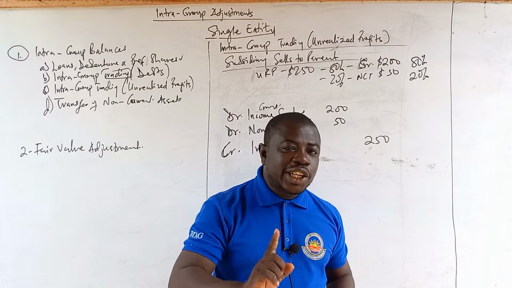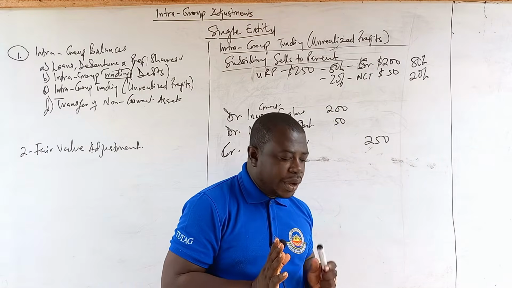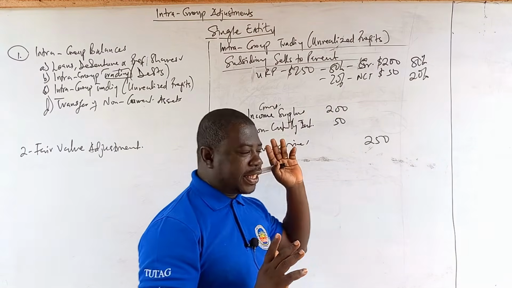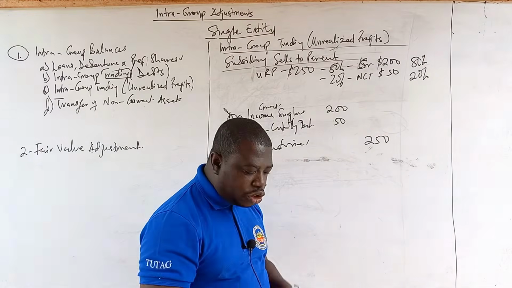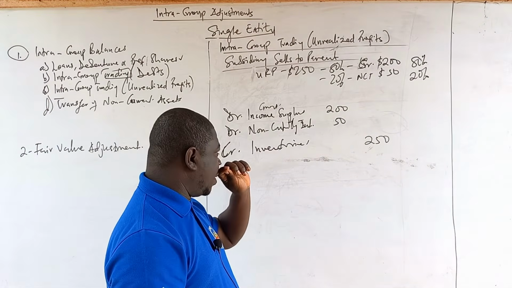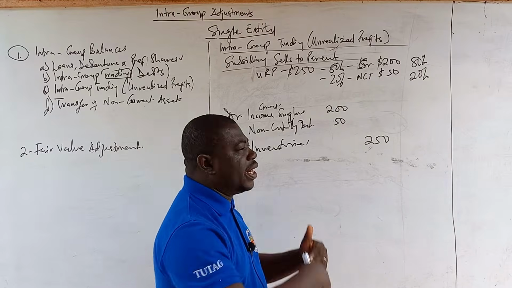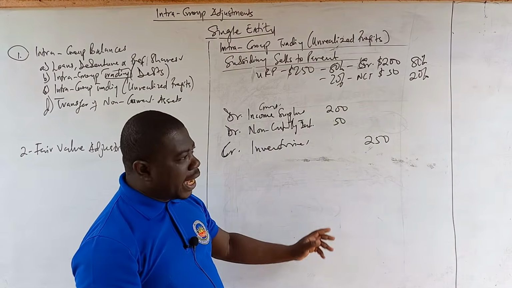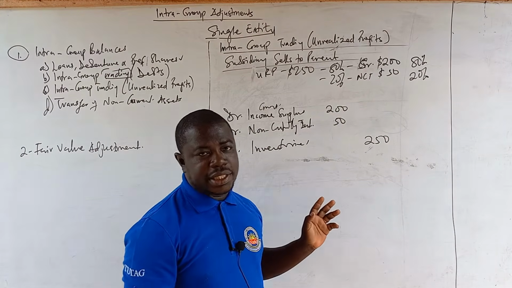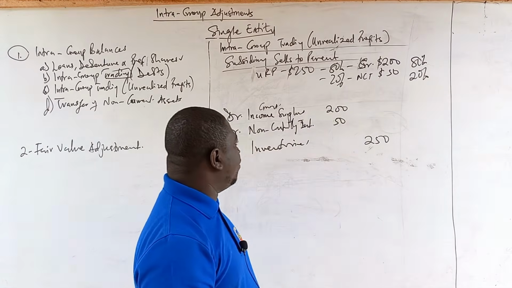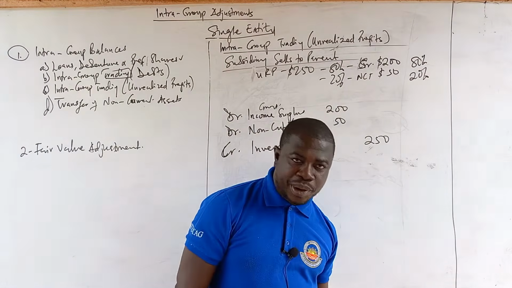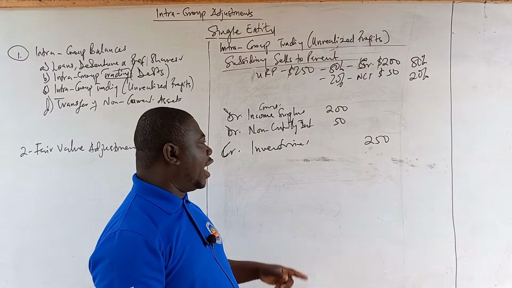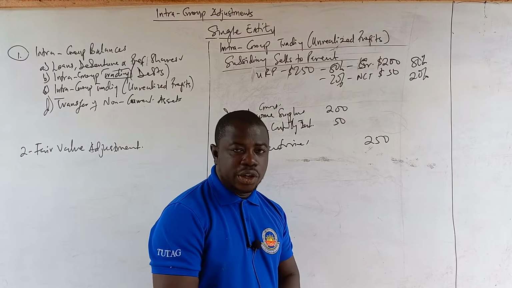And so take note that you don't just have to say that it's always the case with the first scenario. You need to be sure about who is selling from the question you are solving. If it is the parent that sold to the subsidiary, then in that case, it is all for the group. But if it is a subsidiary that is selling to the parent, then that portion of the unrealized profit relates to the non-controlling interest.